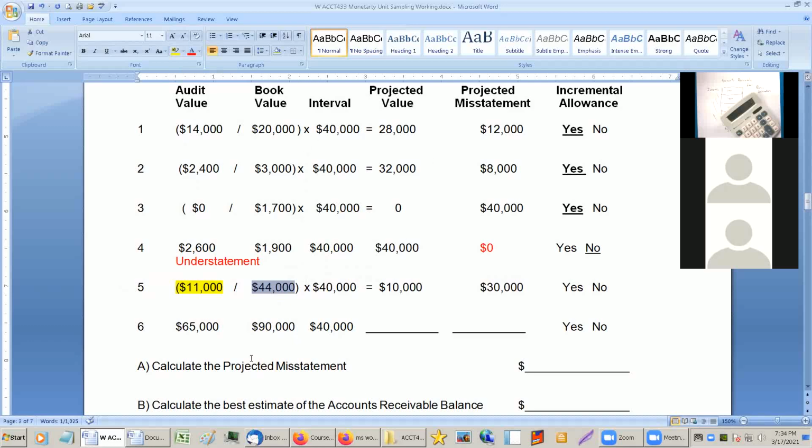Forget about all this other stuff. What's the misstatement in that, just that item?